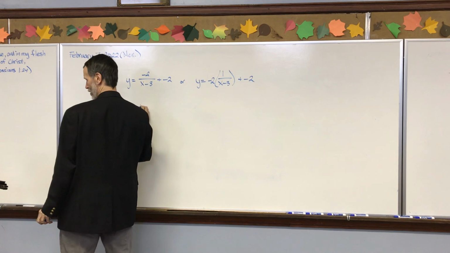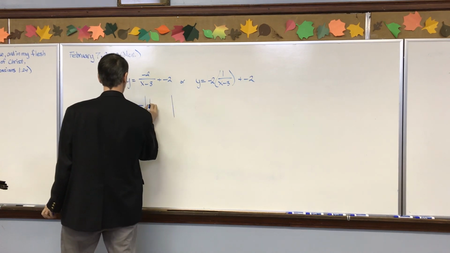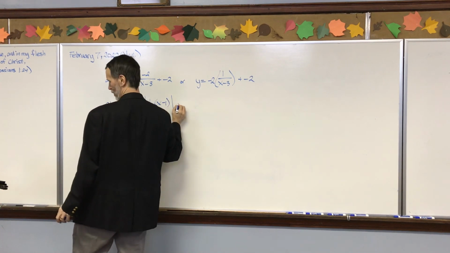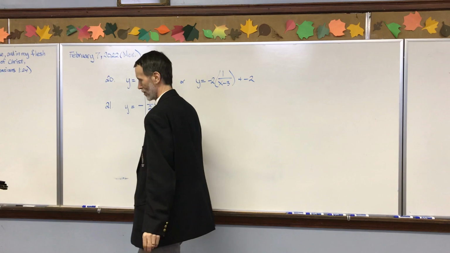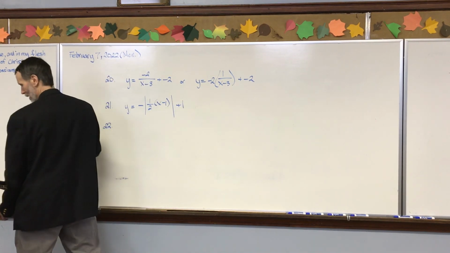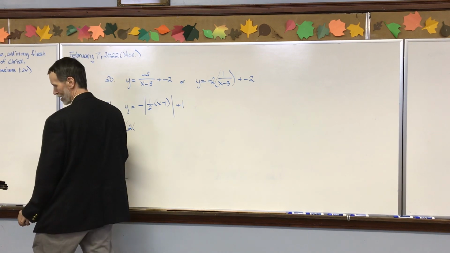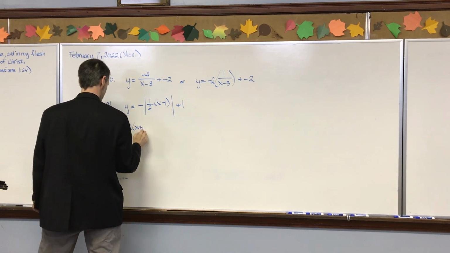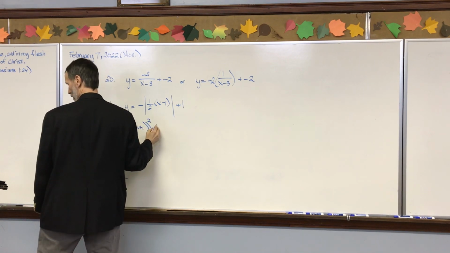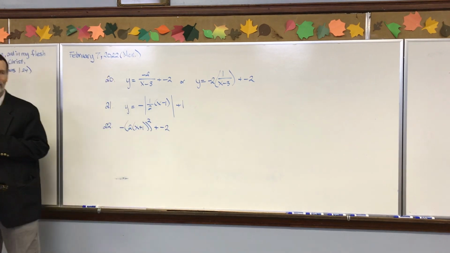Y equals negative absolute value of 1/2 parentheses x minus 1, with a plus 1 afterward. And then number 22, I'll just write it down. It's negative parentheses 2 parentheses x plus 1, double parentheses squared plus -2. You can also do -2.